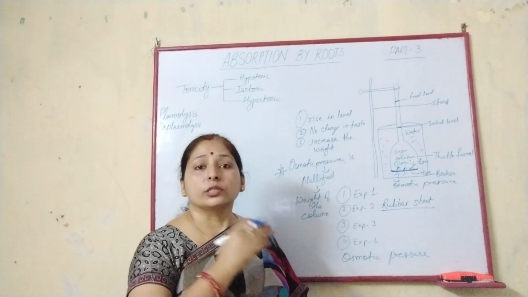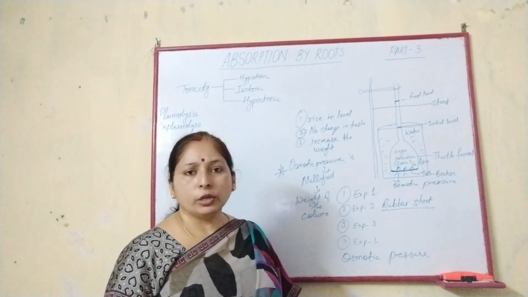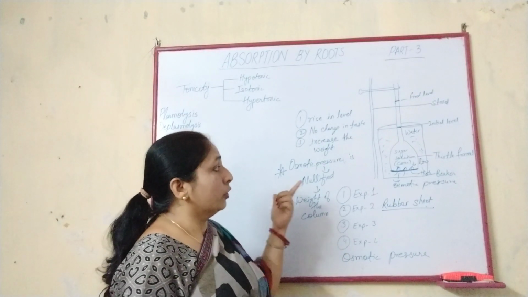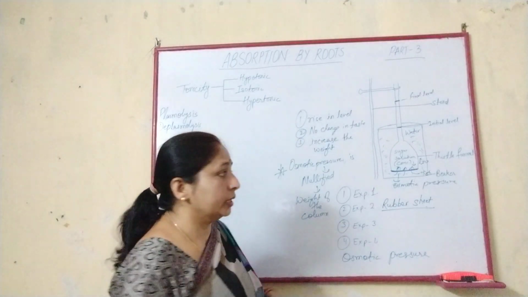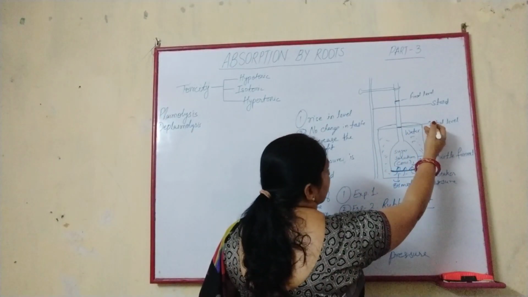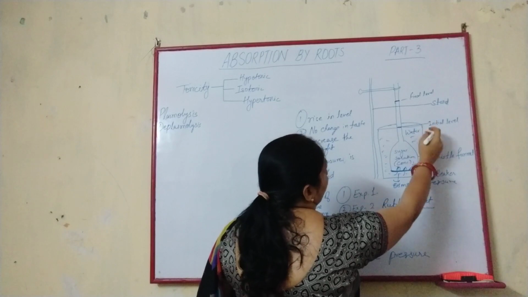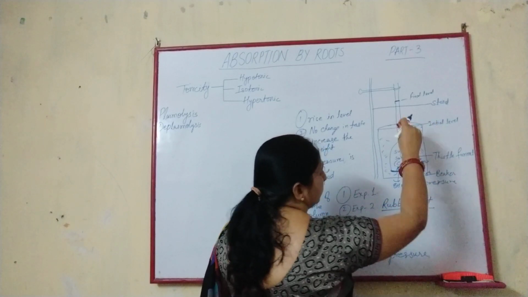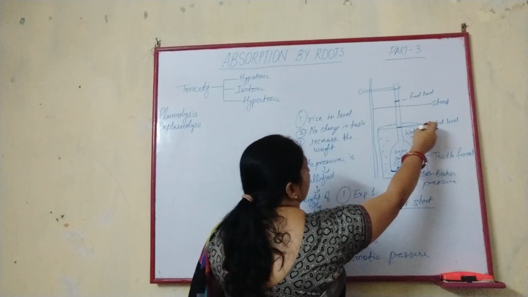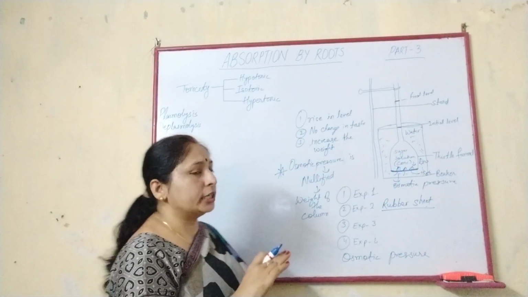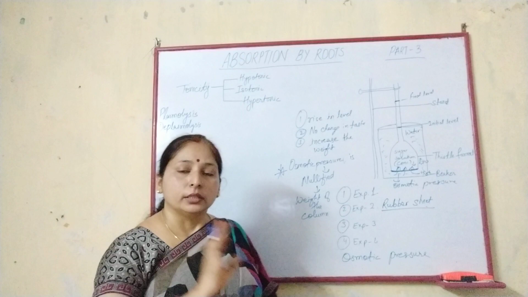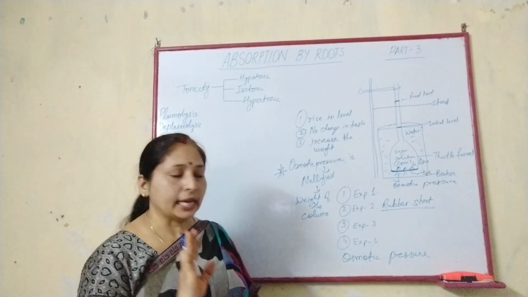Impermeability does not allow substances to move in. So there is no rise in the level of sugar solution or change in the level of the beaker, because in the first experiment the water level would go down as the water moves up. In the rubber sheet case, there is no change. The experimental setup would remain as it is.